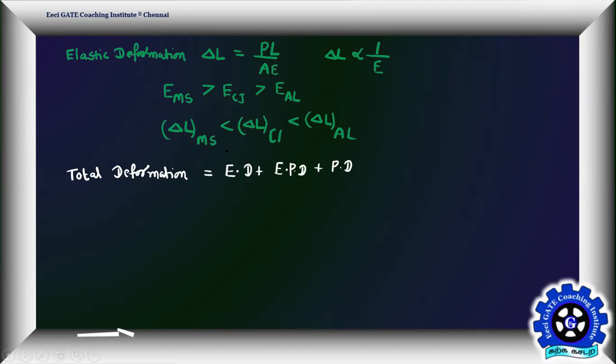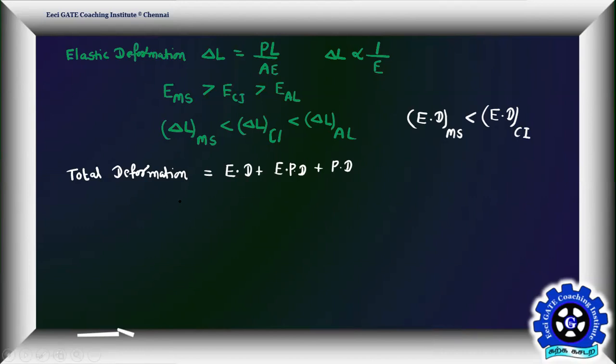So here my cast iron and aluminum have only elastic deformation. Even though elastic deformation of mild steel is less than elastic deformation of cast iron, it is one of the good questions in competitive exams. Elastic deformation of the mild steel will be less than cast iron, but come to the total deformation.